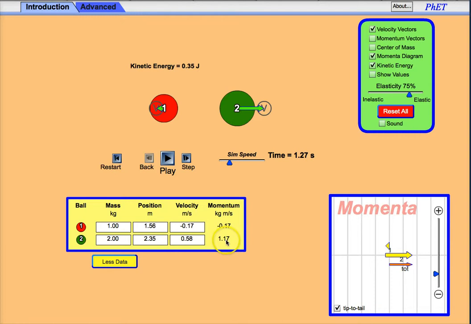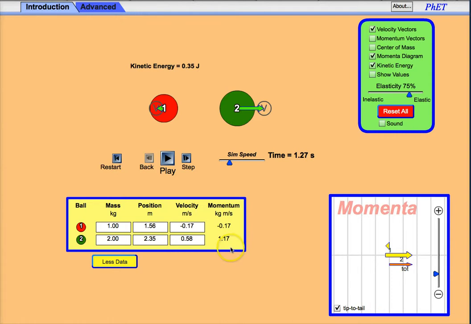Add them up and you should still get 1 kg meter per second, which means that momentum is conserved. So what's the conclusion that we come to? In a collision that is partially elastic, kinetic energy is not conserved, but momentum is conserved.